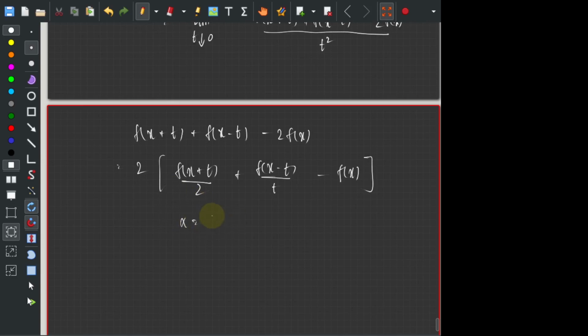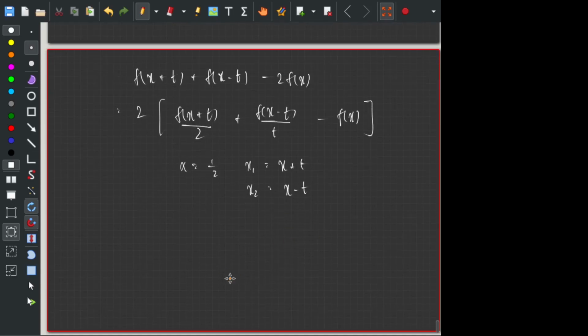Let's take alpha equal to half, x1 to be x plus t, and x2 to be x minus t. So then what do we get? What does the inequality say?